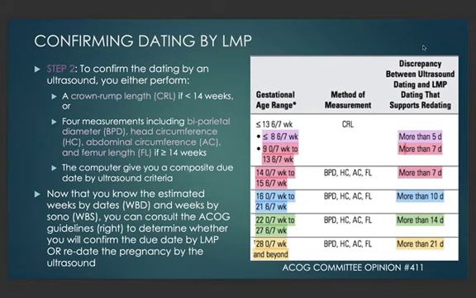And so once you get the estimated weeks by dates, such as your LMP or your date of conception, and you also get the weeks by ultrasound, you can consult the ACOG guidelines to determine whether you confirm the due date by LMP or you want to redate the pregnancy by ultrasound. And this information is super important when you're writing your one-liner for your presentation or for your notes.